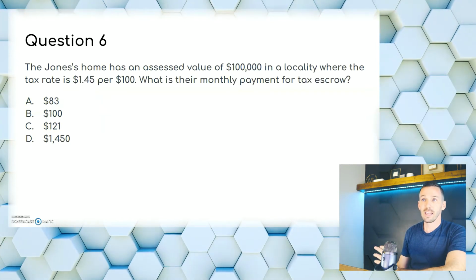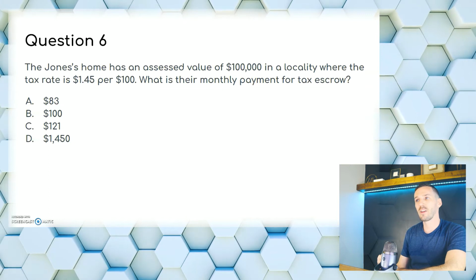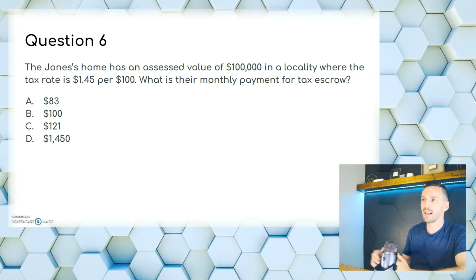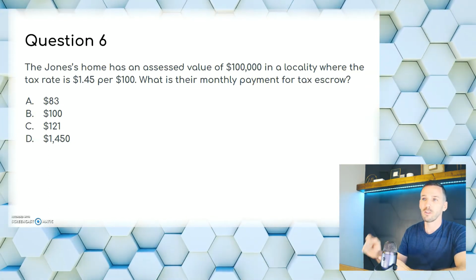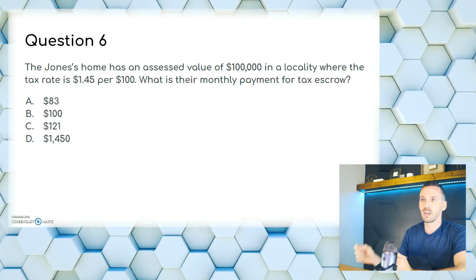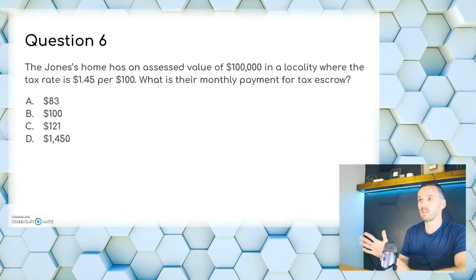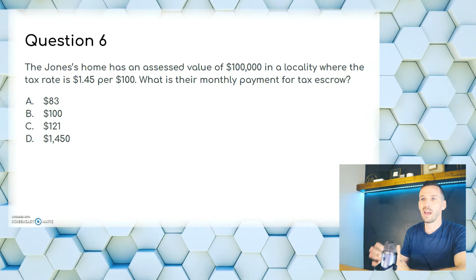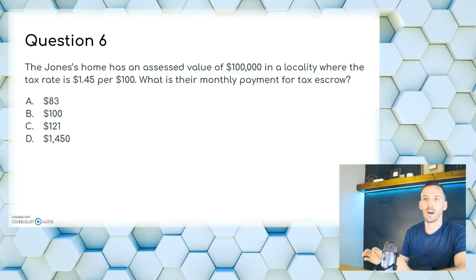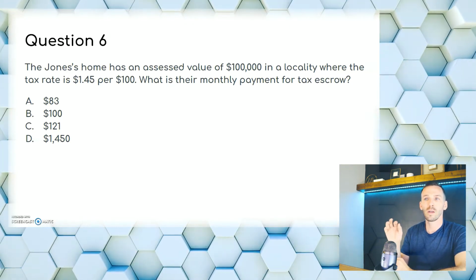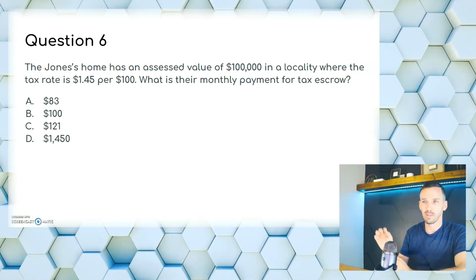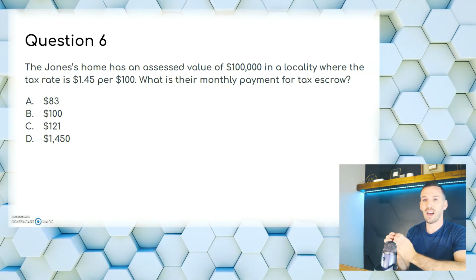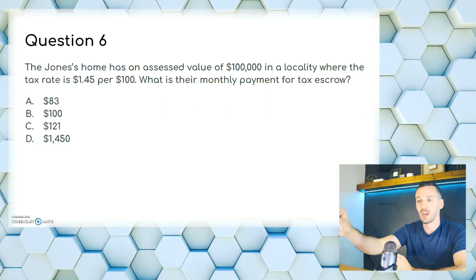Question 6. The Joneses' home has an assessed value of $100,000 in a locality where the tax rate is $1.45 per $100. What is their monthly payment for tax escrow? A, $83, B, $100, C, $121, or D, $1,450. So first you take that $100,000 and divide it by the $100.